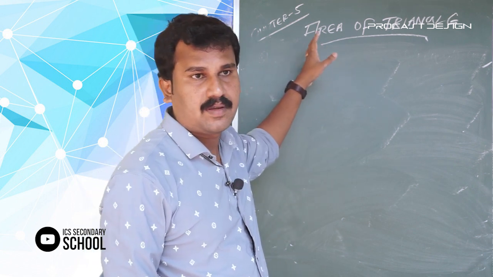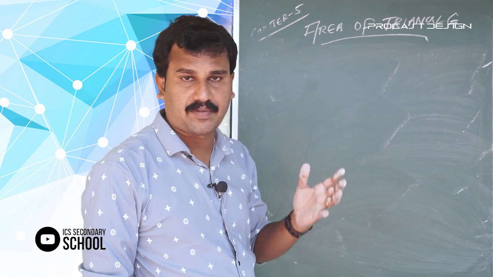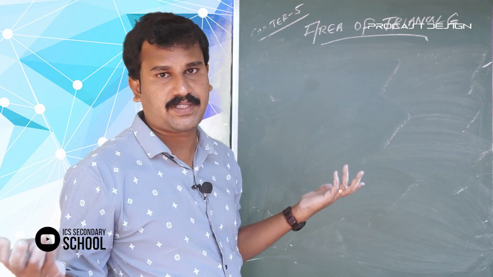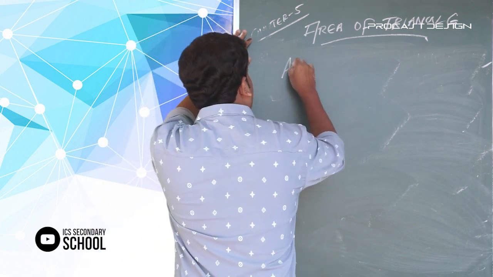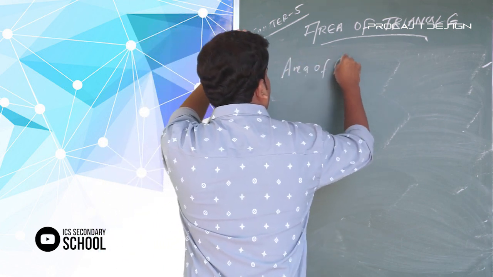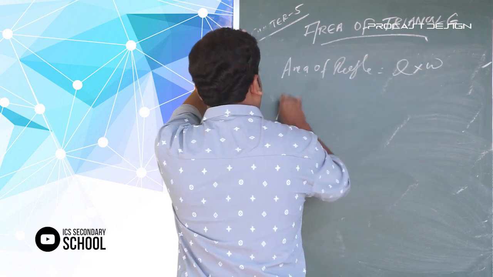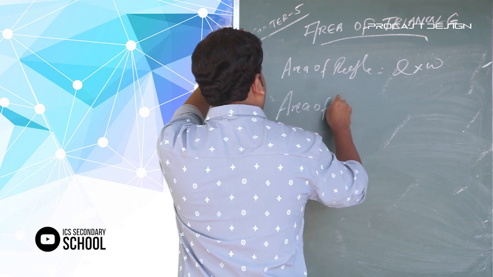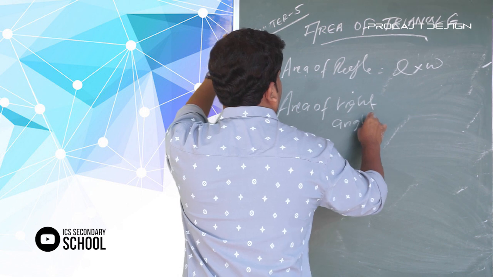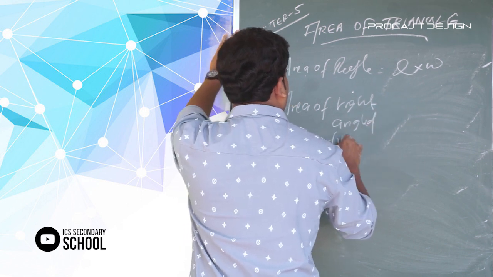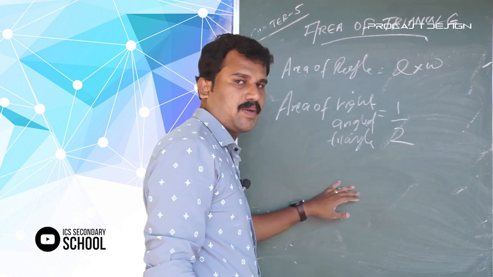In this chapter 5, first we discussed the area of a right angle triangle. The area of a rectangle we studied in the previous class, that is length into width. The area of a right angle triangle equals half into the product of the perpendicular sides.